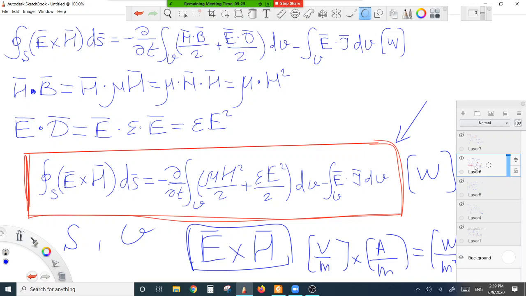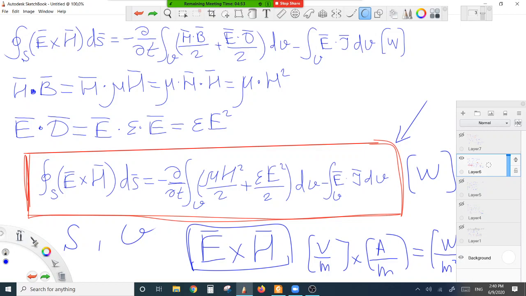One is the time rate of change of the stored electric energy, and the other one is the time rate of change of the stored magnetic energy. And the second term is due to any sources that may exist in the volume.